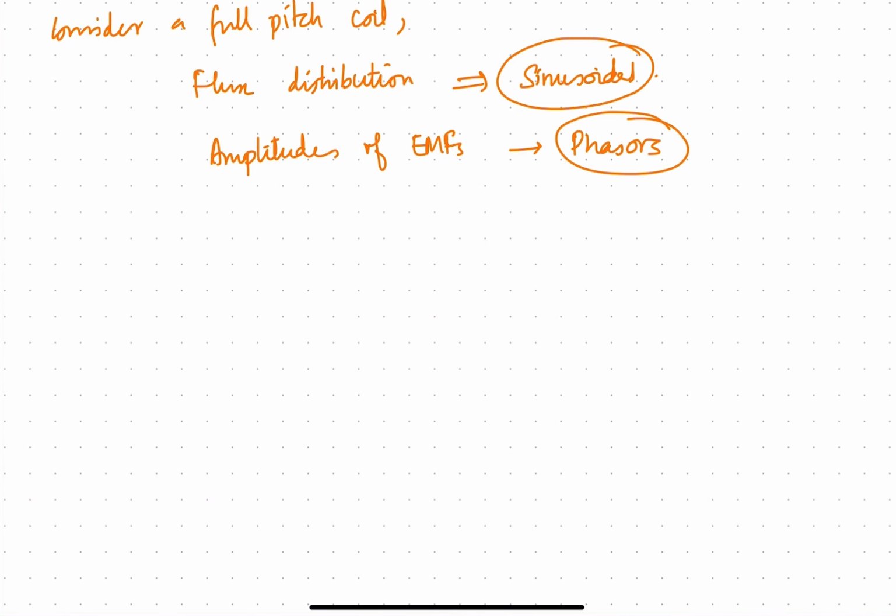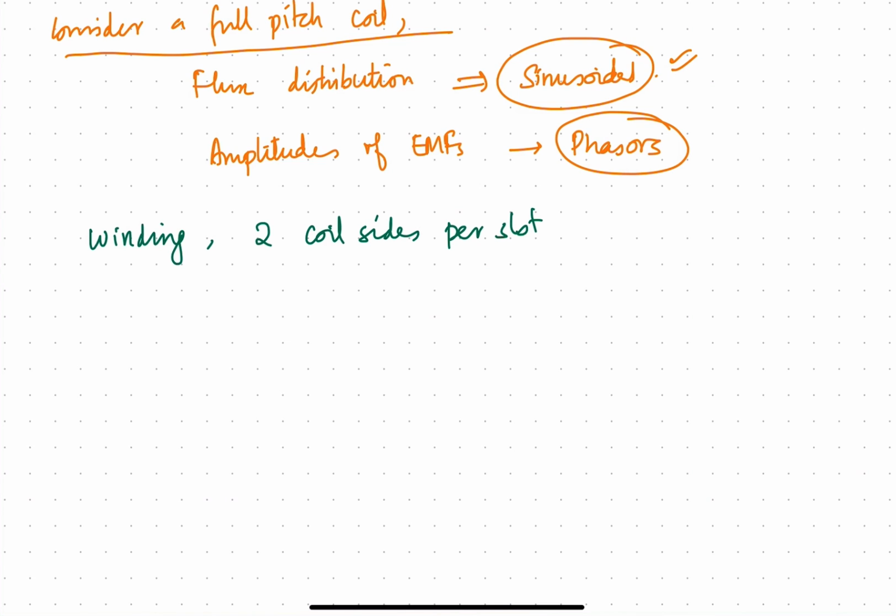These are directional vectors. You would have studied them in your basic electrical engineering courses. And if you have a winding which has two coil sides per slot, the angle between adjacent slots is given by pi P over S.